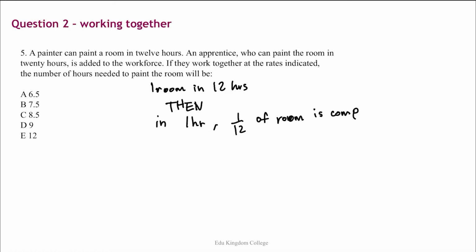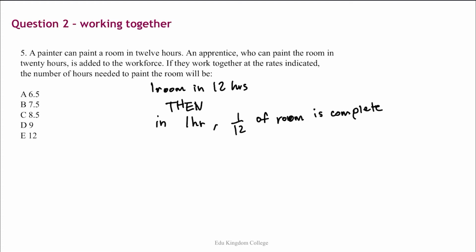Can you guys understand that? So if one room takes 12 hours, 1/12 of the room can be done in 1 hour, so that in 12 hours, one whole room can be done. Can you see how that maths works? Okay, so since that is valid, we can say that 1/12 of the room is complete in 1 hour. That's the work.